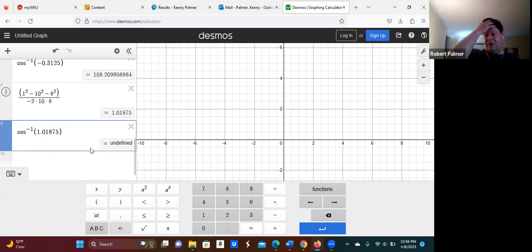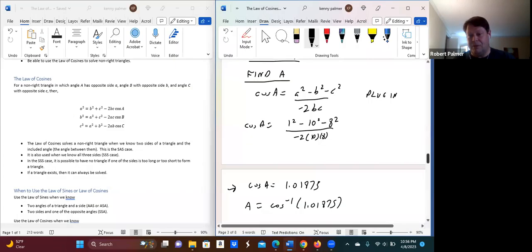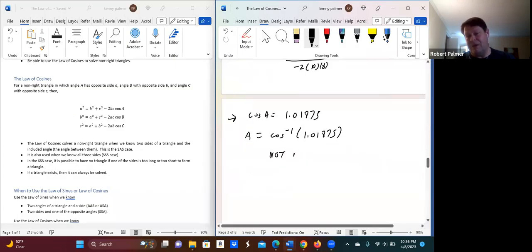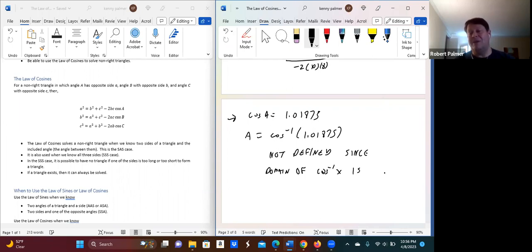Remember the cosine function, its range is just from -1 to +1, not outside that. So that becomes the domain of the inverse cosine. In this case, that's outside the domain of the inverse cosine, so this is actually not defined, since the domain of the inverse cosine of x is just -1 to 1.